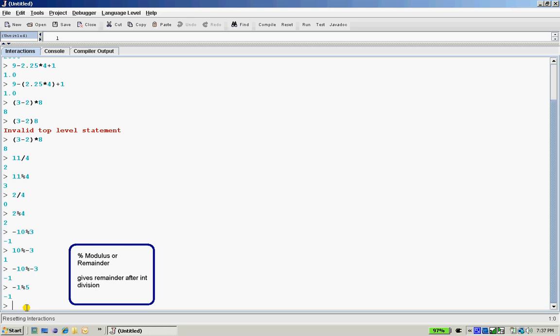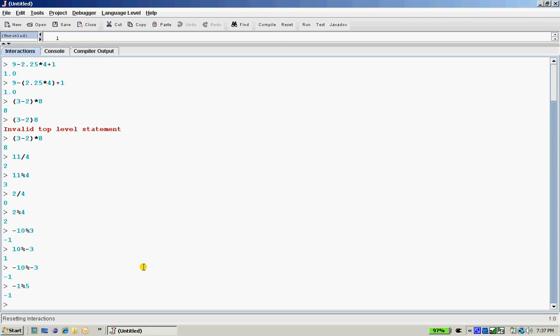Because the int division gives you an answer of 0, and then you've got the remainder to handle. So just be careful you don't introduce bugs into your programs using the int division and the mod operator.